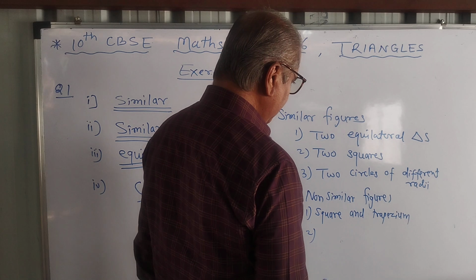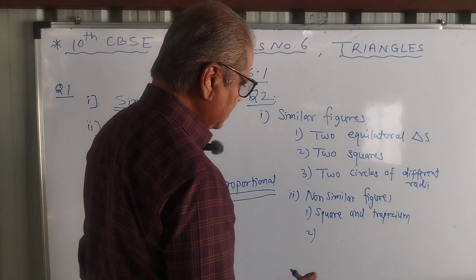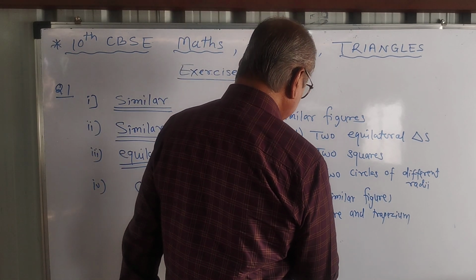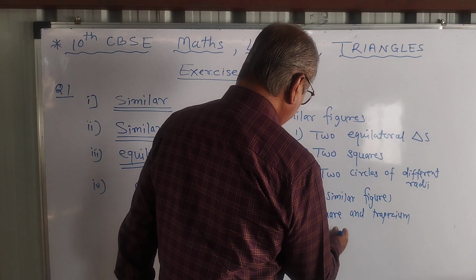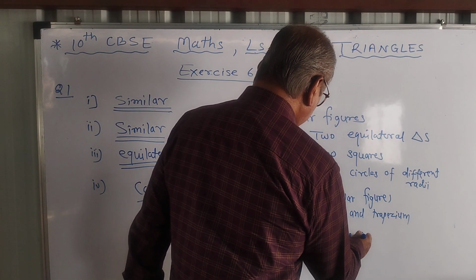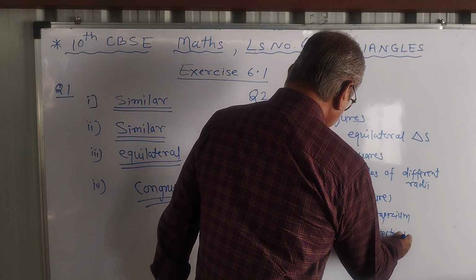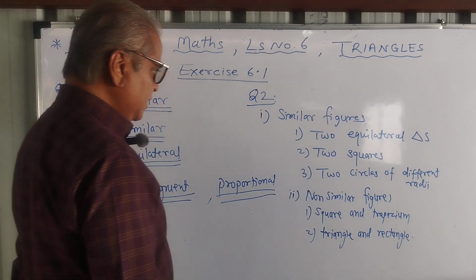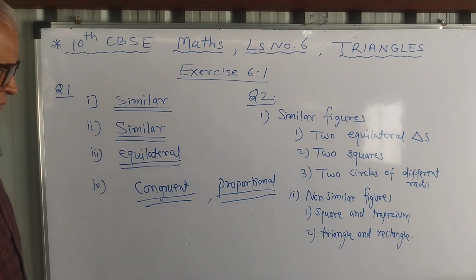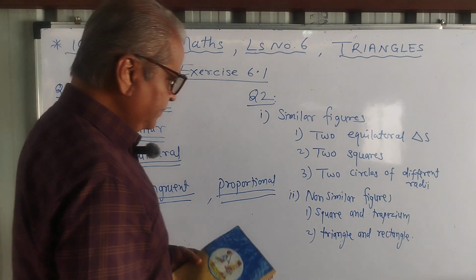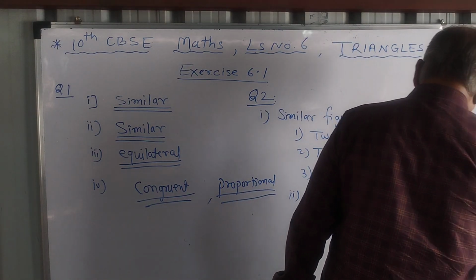Second example, you can take triangle and circle or triangle and rectangle. So in this way you can give two examples of similar figures and two examples of non-similar figures.